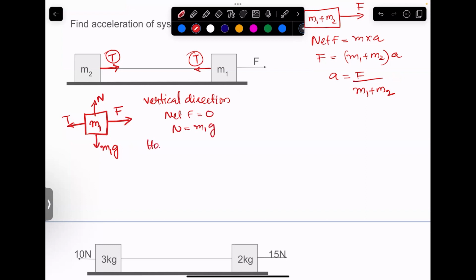And in the horizontal direction, what will happen? Net force equals mass times acceleration.